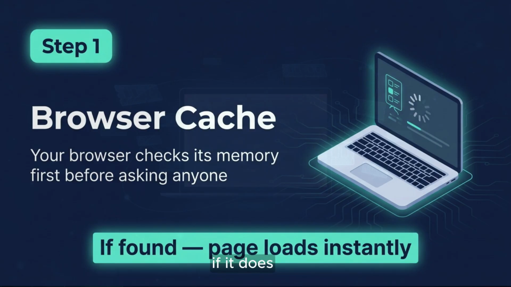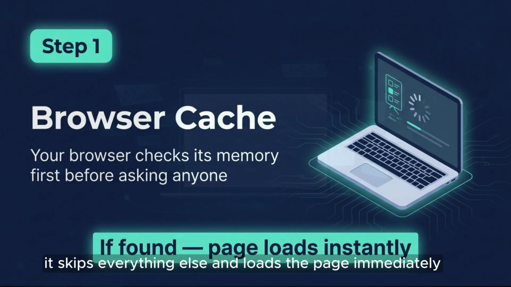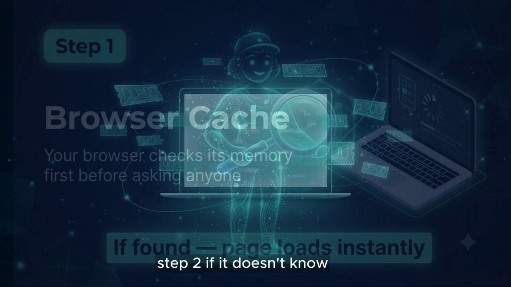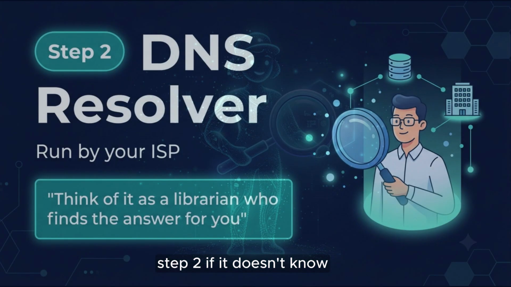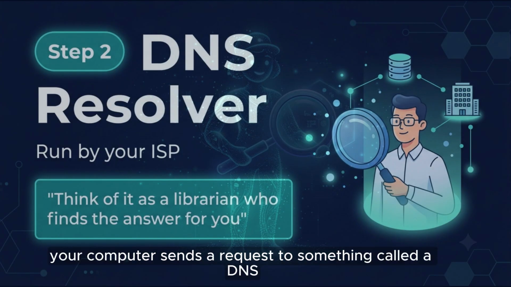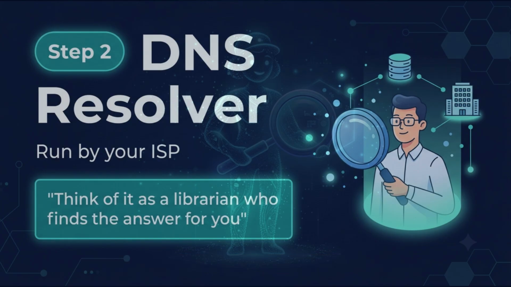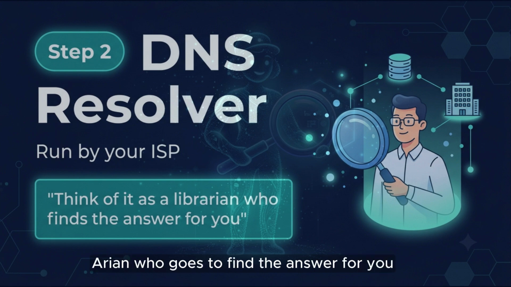If it does, it skips everything else and loads the page immediately. Step 2. If it doesn't know, your computer sends a request to something called a DNS resolver. This is usually run by your internet service provider, your ISP. Think of the resolver as a librarian who goes to find the answer for you.